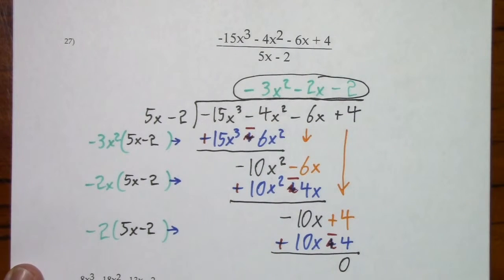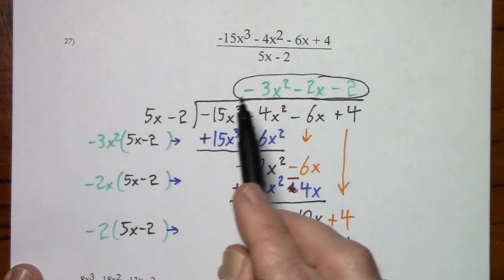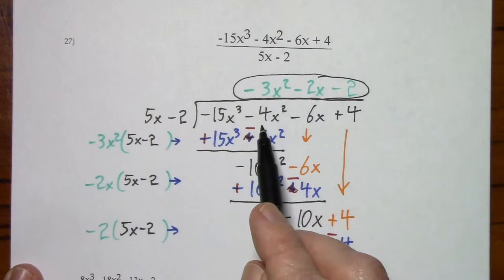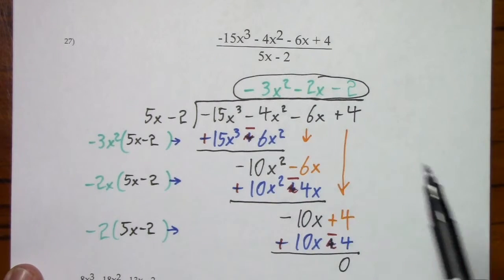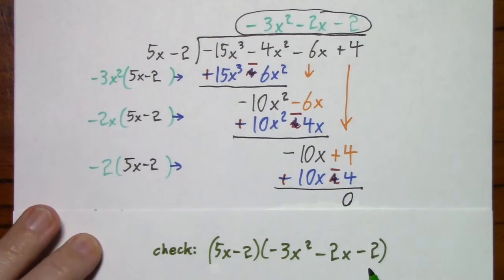You could check it. If you multiply the divisor times the quotient, you'll get the dividend. I'll go ahead and check this, but I'll just show it in fast motion.